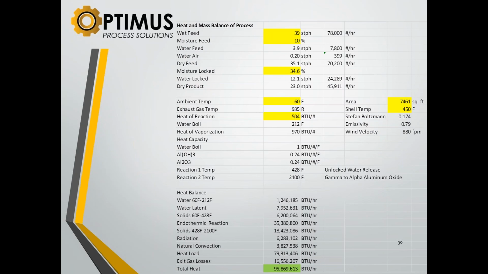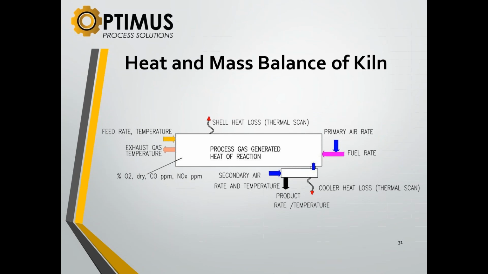We don't want to belabor you with all the formulas, but this is just a simple Excel spreadsheet. There's no real big computer program involved here. We're trying to keep this as simple as possible.